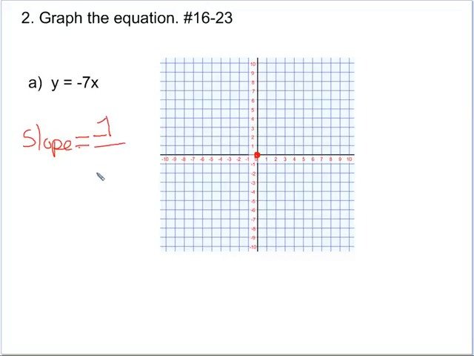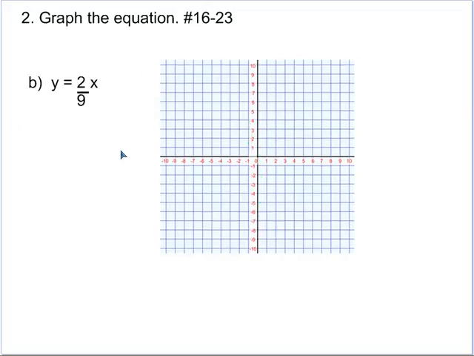Well, if there is no run, you make it a 1. So I'm going to rise negative 7, which means go down 1, 2, 3, 4, 5, 6, 7, run 1. And that's my line. So let's connect these with 2 dots. And there's the line that represents that direct variation equation.